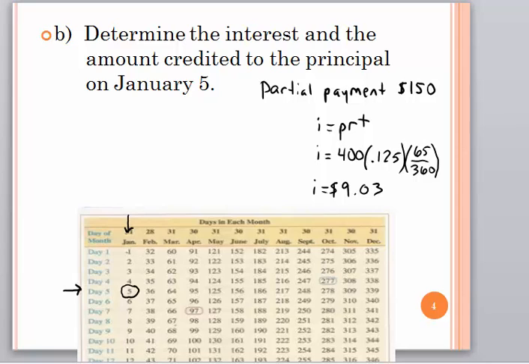And so let's figure out how much is applied towards the principal. If I take $150, which is her payment, and I subtract off the amount of the payment that is going to pay the interest, because the interest has to be paid first, we see that she is going to have $140.97 credited towards her principal.